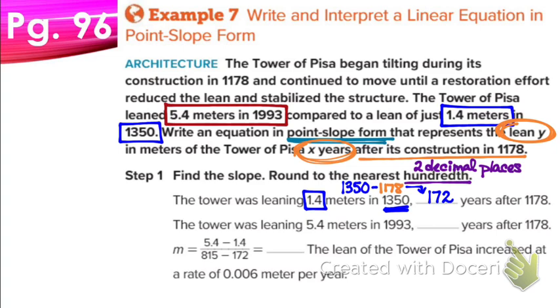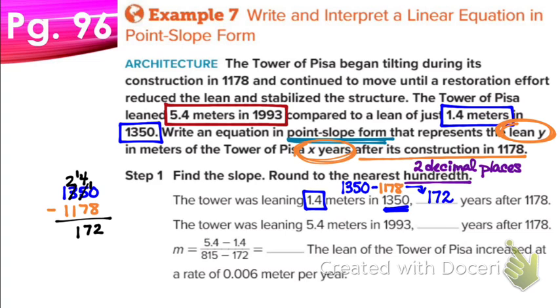Wait, how'd you get the 7? 1350 minus 1178. I'm going to have to do some borrowing. So I have to borrow from here. 10 minus 8 gives me 2. 4 minus 7, I can't do that, so I have to borrow again. 14 minus 7 gives me 7. So 172. Yep.